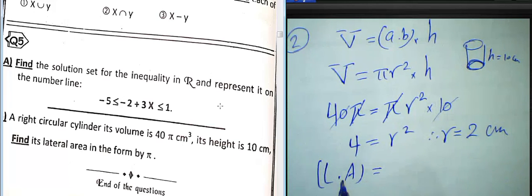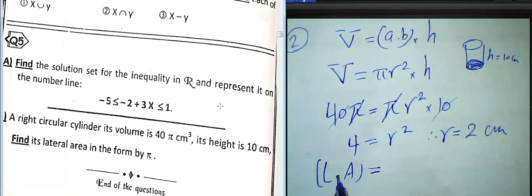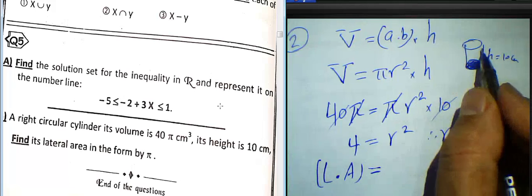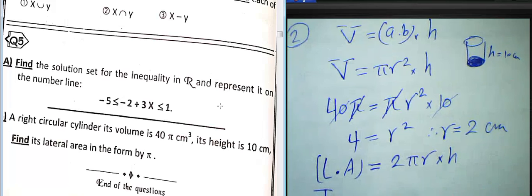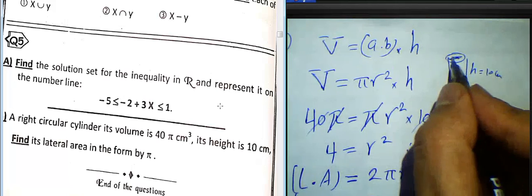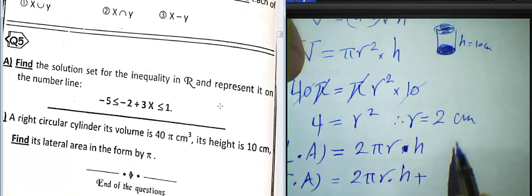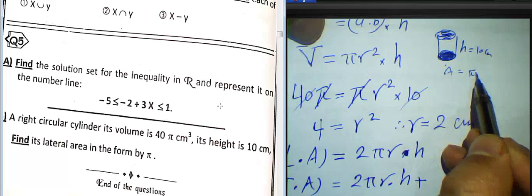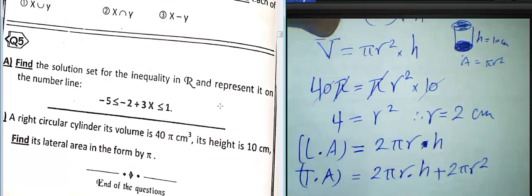We know the lateral area equals the circumference of the base multiplied by the height: 2πr times the height. Then the total area will be 2πrh plus the area of the two bases. The area of one circle equals πr², so two bases give 2πr². This is the total area.